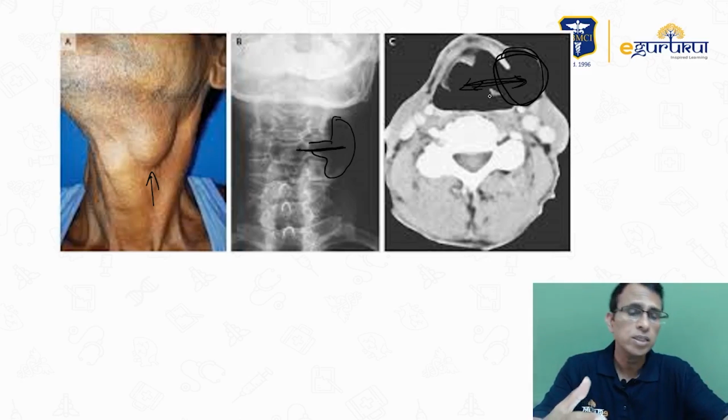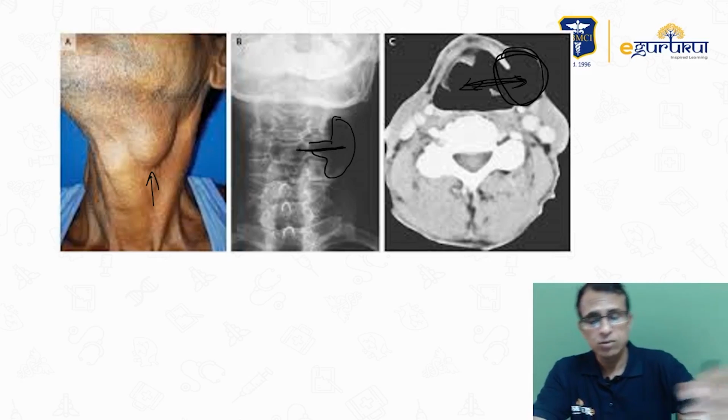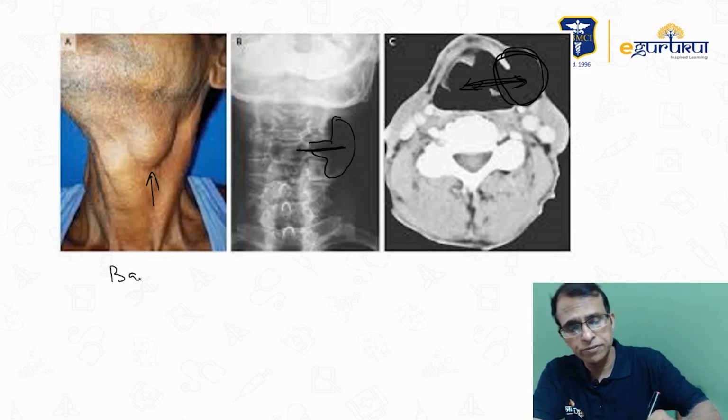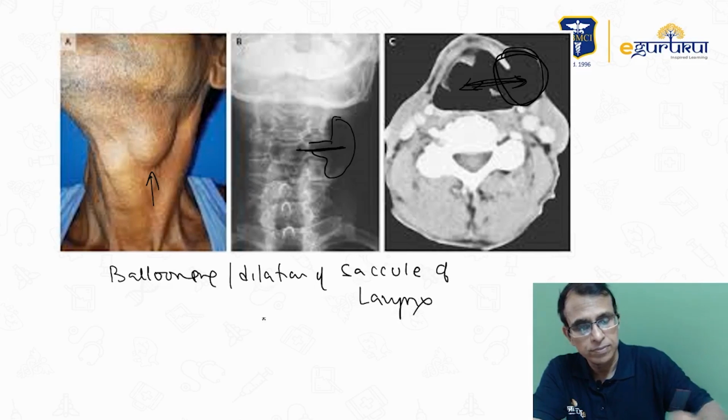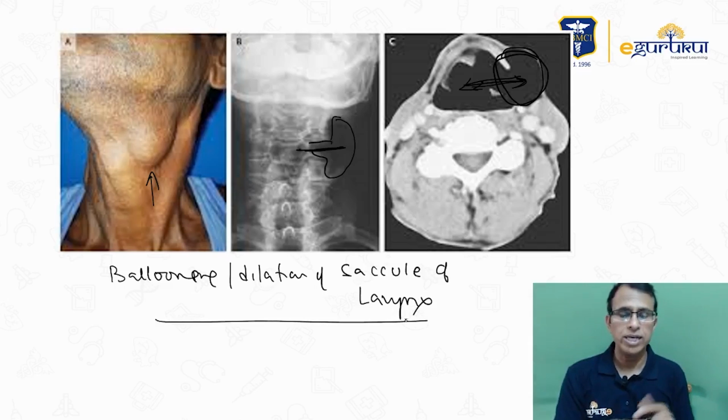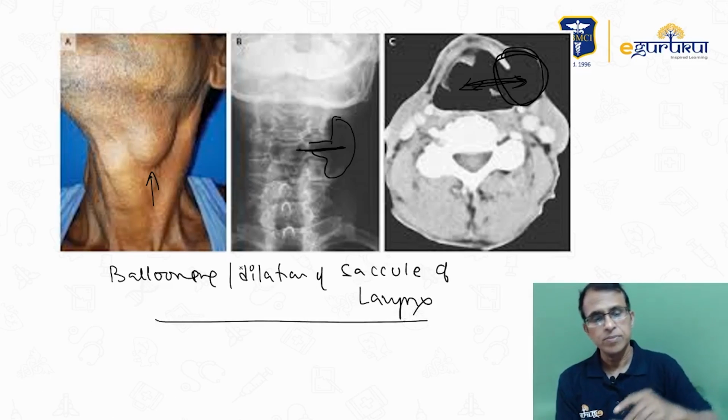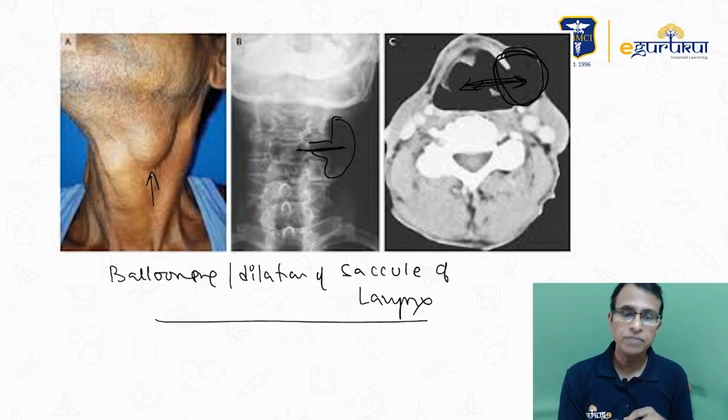Air goes from the larynx into the laryngocele. Laryngocele is a ballooning or dilation of the saccule of the larynx. This is the definition of laryngocele.